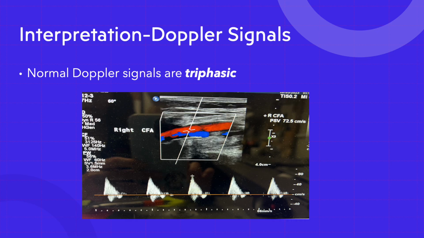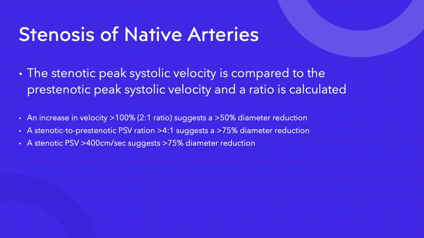So your normal Doppler interpretations here are going to be, as always, triphasic. Stenosis of native arteries: the stenosis peak velocity is compared to the pre-stenotic peak velocity, and a ratio is calculated. An increase in velocity of 100% is going to give you a 2-to-1 ratio.